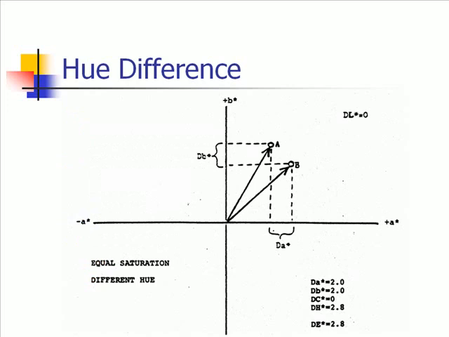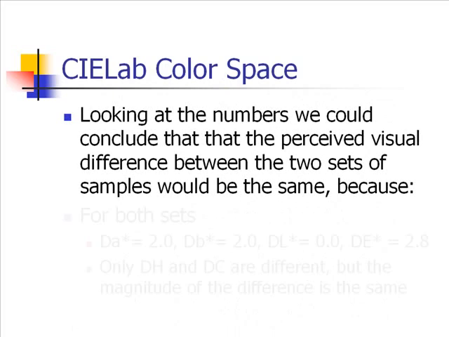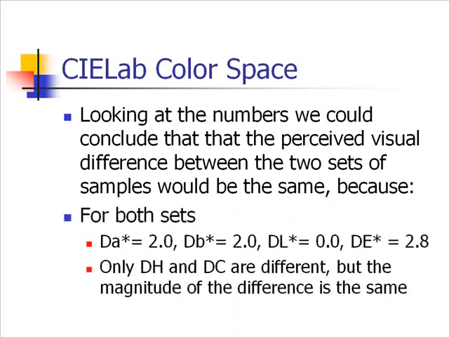If we look at just the numbers, we could conclude that the perceived visual difference between the two sets of samples would be the same. If we looked at one set of samples and then the other, we would say, no, both sets don't match, but the difference between the standard and the sample in both sets looks about the same.